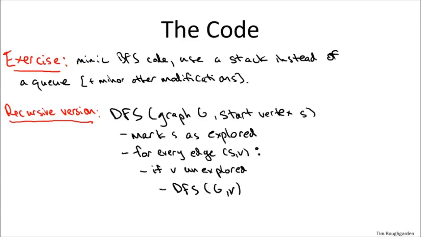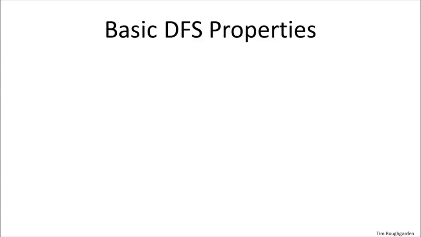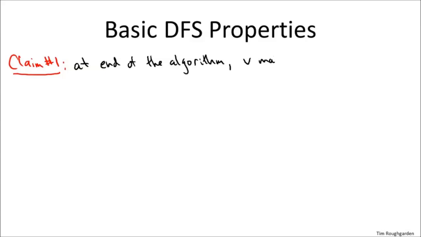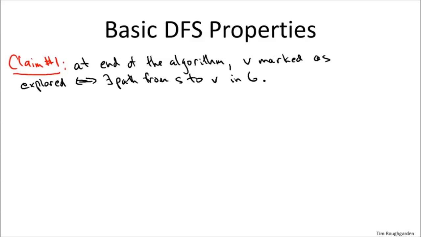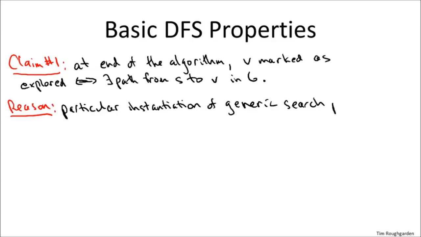The basic guarantees of depth-first search are exactly the same as they were for breadth-first search. We find everything we could possibly hope to find, and we do it in linear time. Once again, the reason is that this is simply a special case of the generic search procedure that we started this sequence of videos about. It corresponds to a particular way of choosing amongst multiple crossing edges between the region of explored nodes and the region of unexplored nodes, essentially always being biased toward the most recently discovered explored nodes.